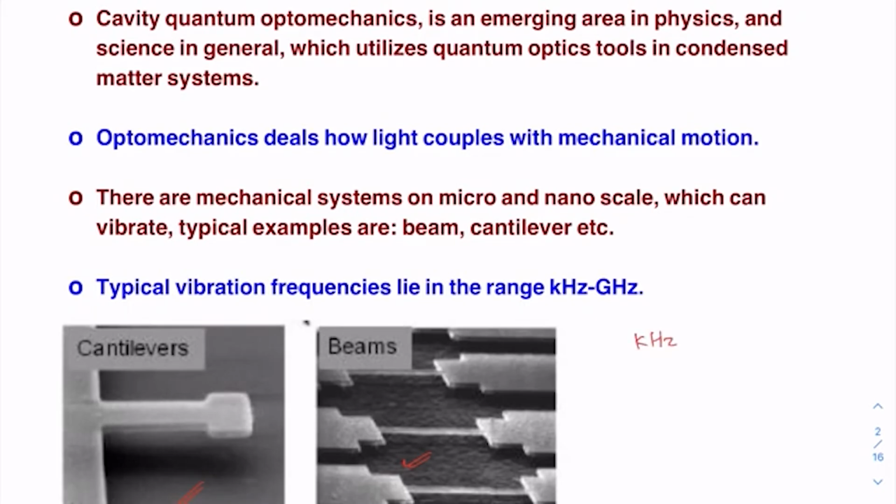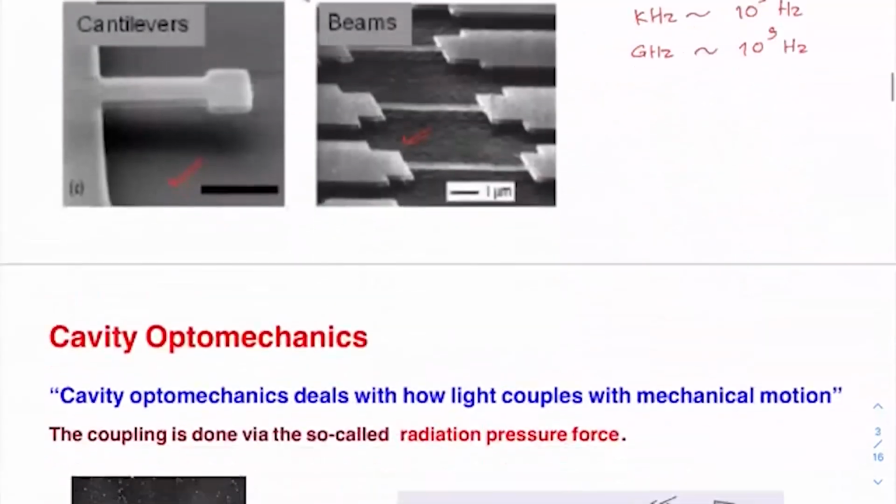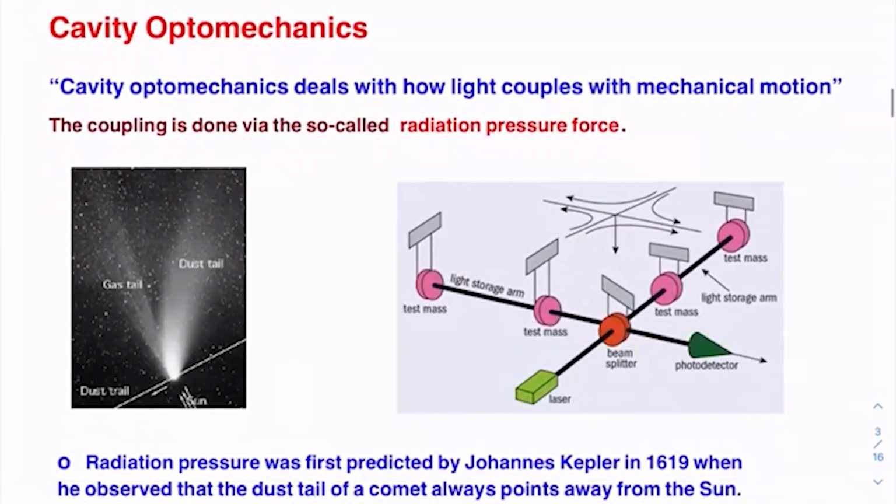Kilohertz means 10 to the power 3 hertz. On the other hand, gigahertz refers to 10 to the power 9 hertz. And the radiation pressure force is responsible for coupling between light and mechanical motion.